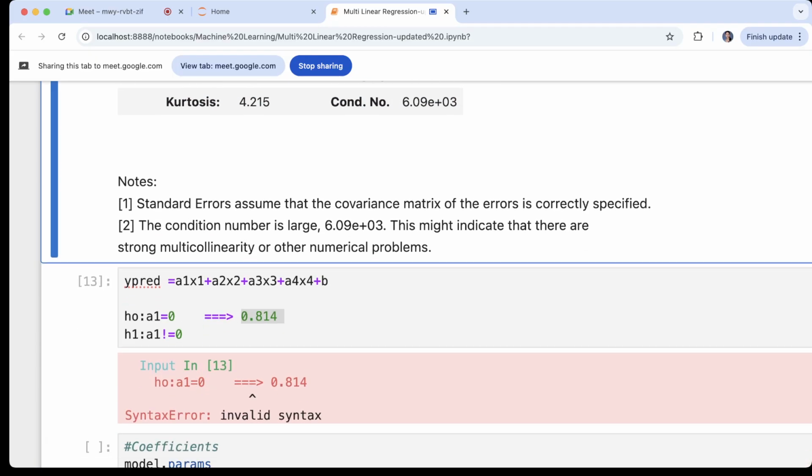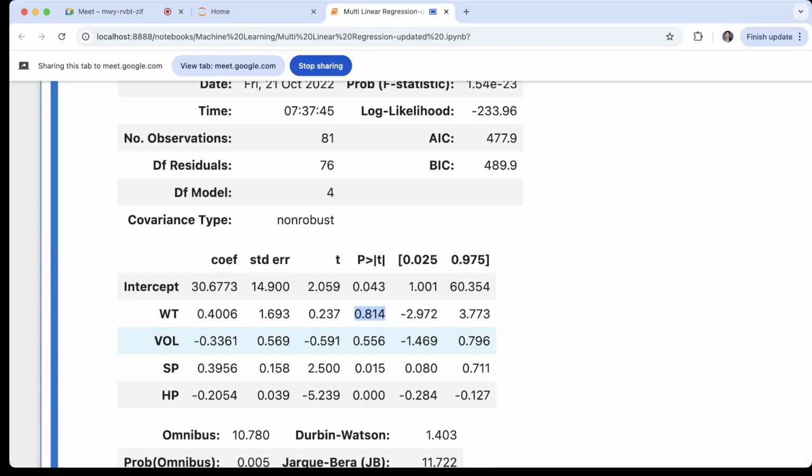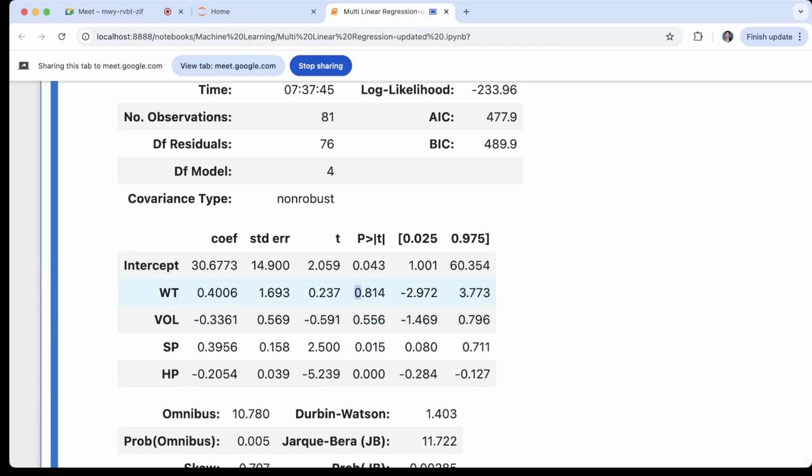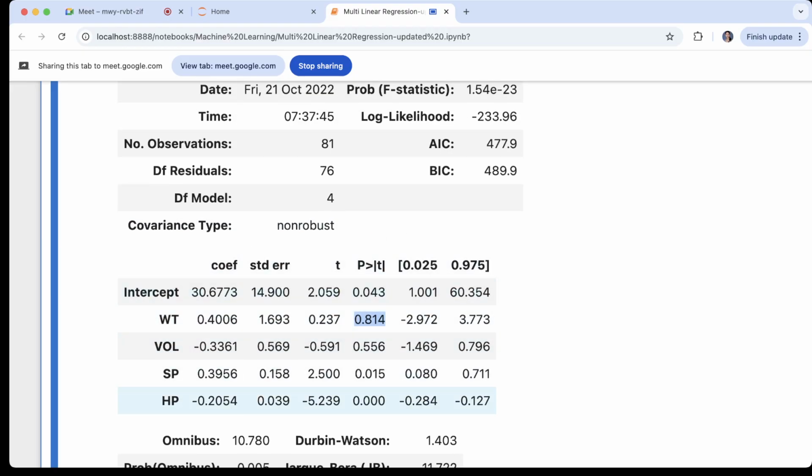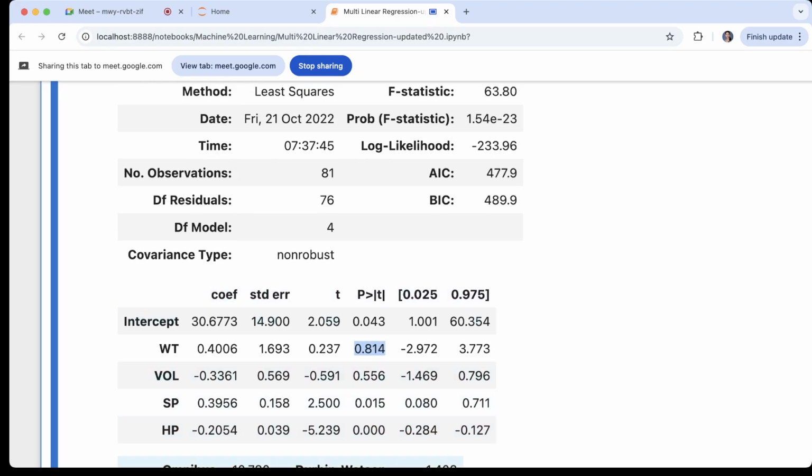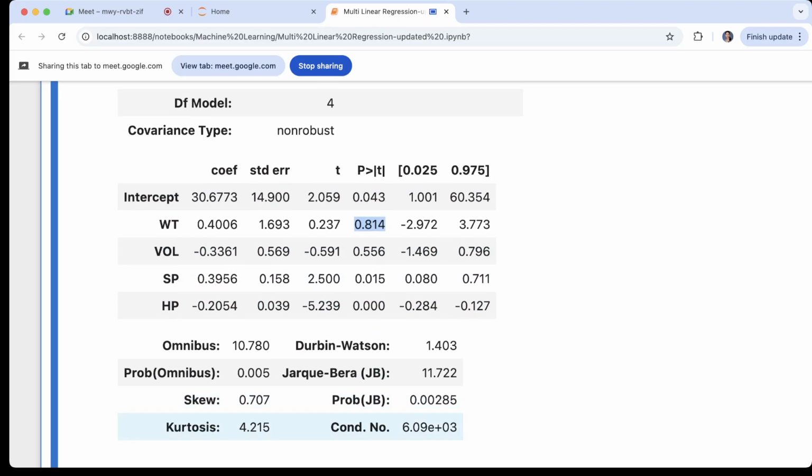That means all the parameters multiplied to weight will be 0, so your y prediction will not have any component of weight, basically. That is not something we want. So if there is a high p value, there is some problem. You can check the p values, the coefficient, and the standard error.